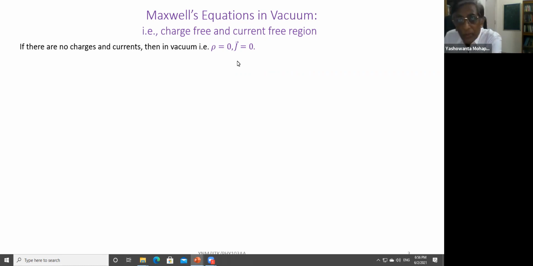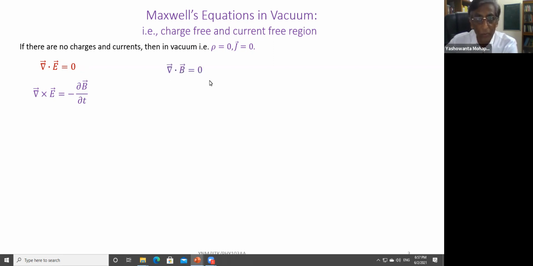All right. So with rho equal to 0 and J equal to 0, we can rewrite the standard Maxwell's equations, setting these two to be 0. Let's do that. So now instead of rho by epsilon, divergence of E is 0. There is no source for E electrostatically. Then this anyway remains: del cross E is minus del B by del T. This is always true.